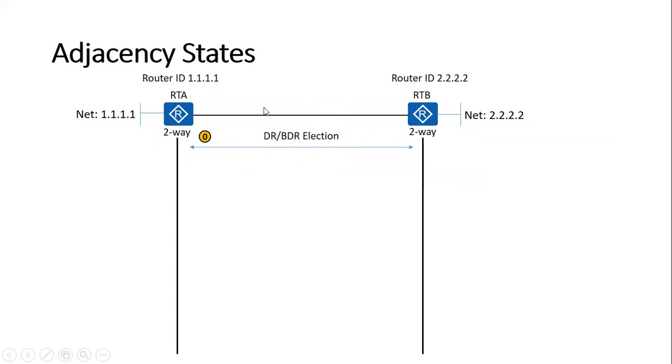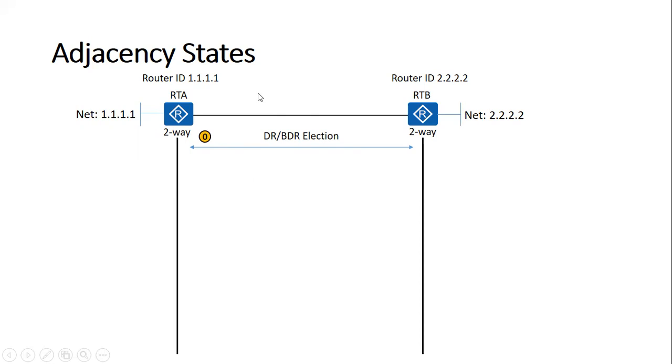If the routers are eligible for DR/BDR election, that election will be performed after two-way has been achieved. I mention this because I see this question in some exams: when is the DR/BDR election conducted? If that topology qualifies for DR/BDR election, it will happen after the two-way state.